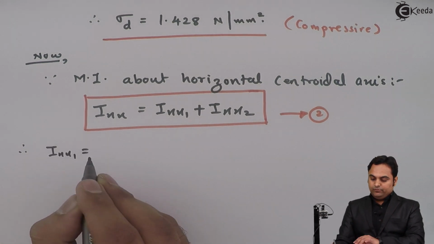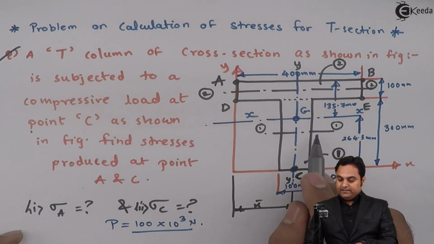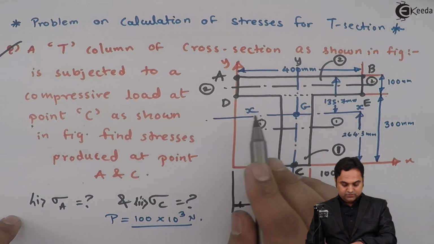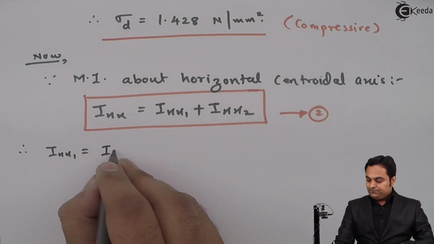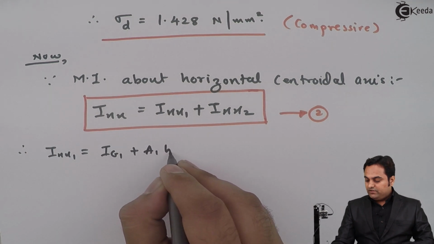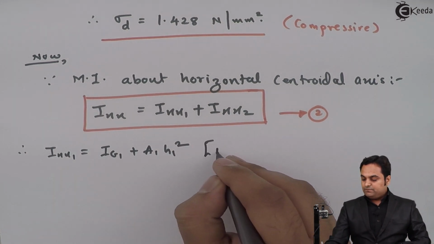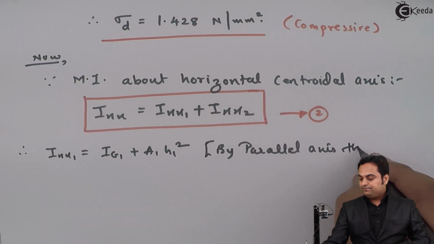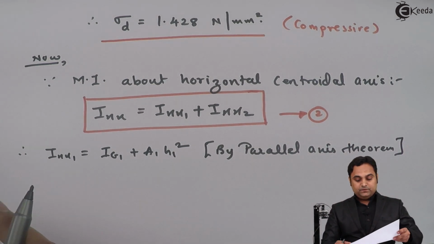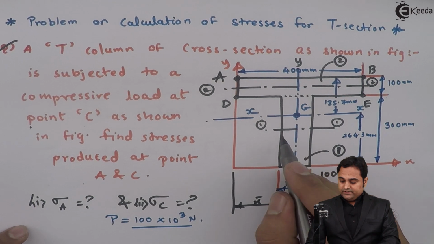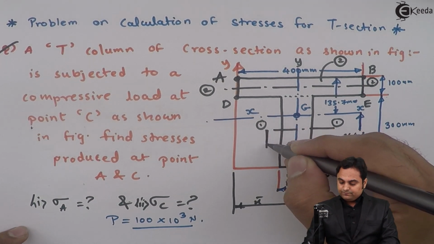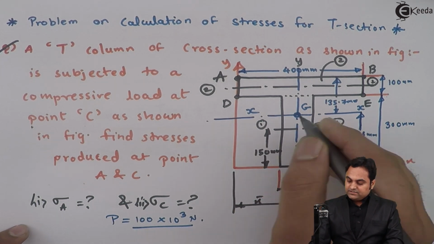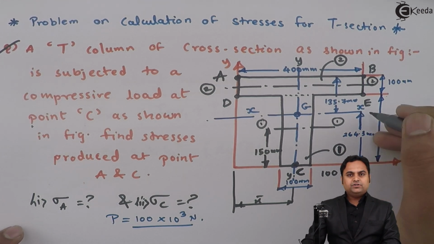So therefore Ixx1 is the moment of inertia for the first rectangle, but not about its own axis, but about the centroidal axis xx. So here we have Ixx1 as Ig1 plus area 1 into h1 square, and this is by the parallel axis theorem. Now if we see here, the x-axis of rectangle number 1 is at a distance of 150 mm from bottom, but the x-axis of the complete section is 264.3 mm from bottom.